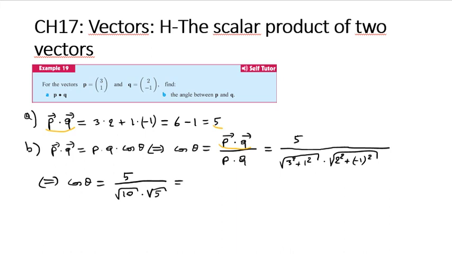So 5 divided by the square root of 5 is just the square root of 5. So we have the square root of 5 over the square root of 10, which is equal to the square root of 5 over 10.